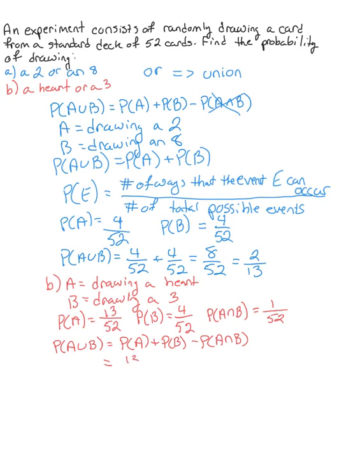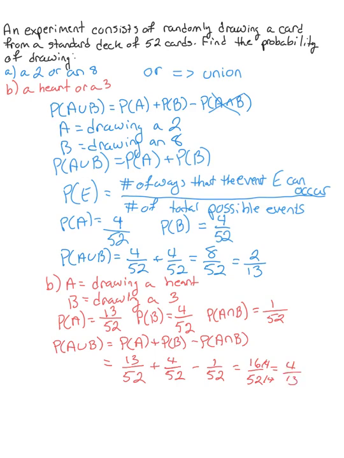The probability of drawing a heart is 13 out of 52, plus 4 out of 52, subtract 1 over 52. This gives us 16 over 52, and we can divide top and bottom by 4 to get 4 over 13.